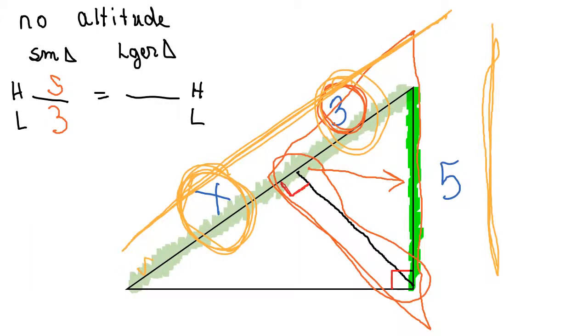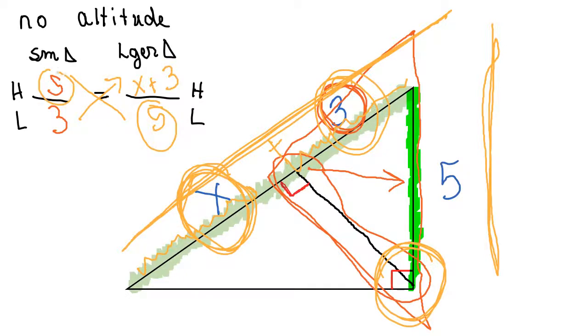I have so much happening here, and it's going to be added to the next part happening here. So that's going to be x plus the 3. And then the leg is going to be attached to the big right angle here, and that's going to be 5. Okay, that's going to give us our little cross multiplying here. Notice we have the twins of 5 and 5, so all's good.